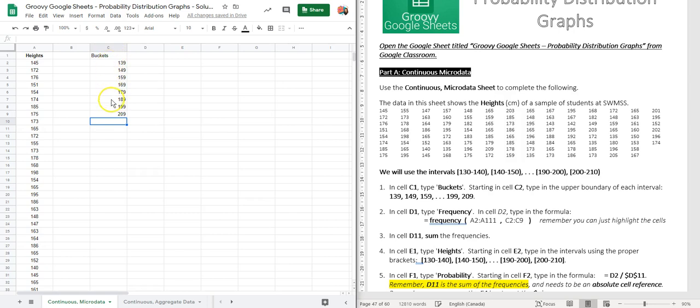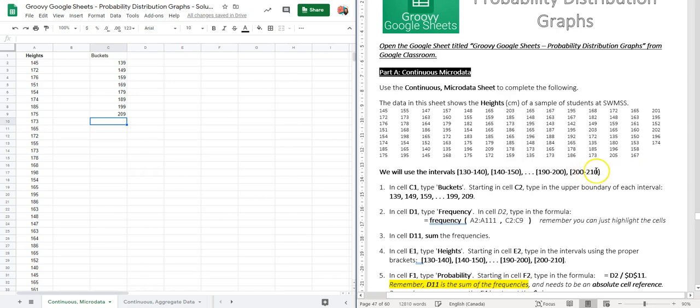Now later on we're going to be changing these to be the actual intervals, but to start in Google Sheets you can't type in what the buckets are, you can only type in what the upper bucket is. Now the other thing you should consider is that if you actually have a number that's 210, you may not want there to be another interval.